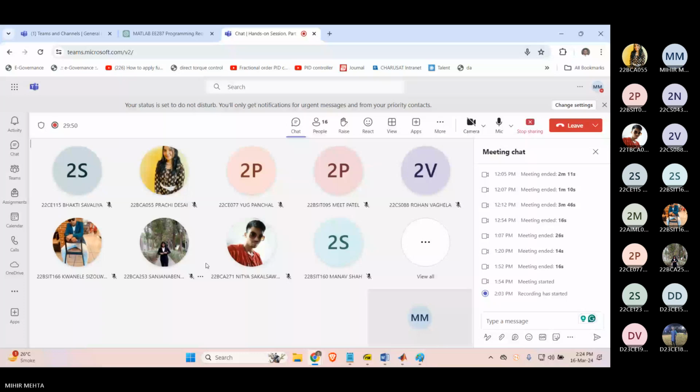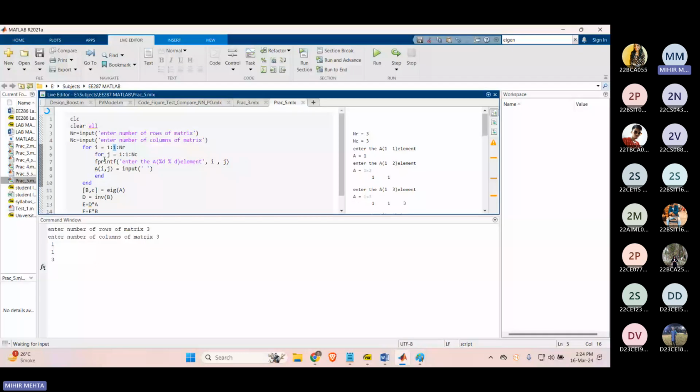So now, for my first value of I, I have calculated all the values of j. Now, moving to the second, incrementing the value of I, my value of I is 2. In the loop for I, I also have another inner loop for j, and for that, j starts from 1 and goes till 3 with an increment of 1.